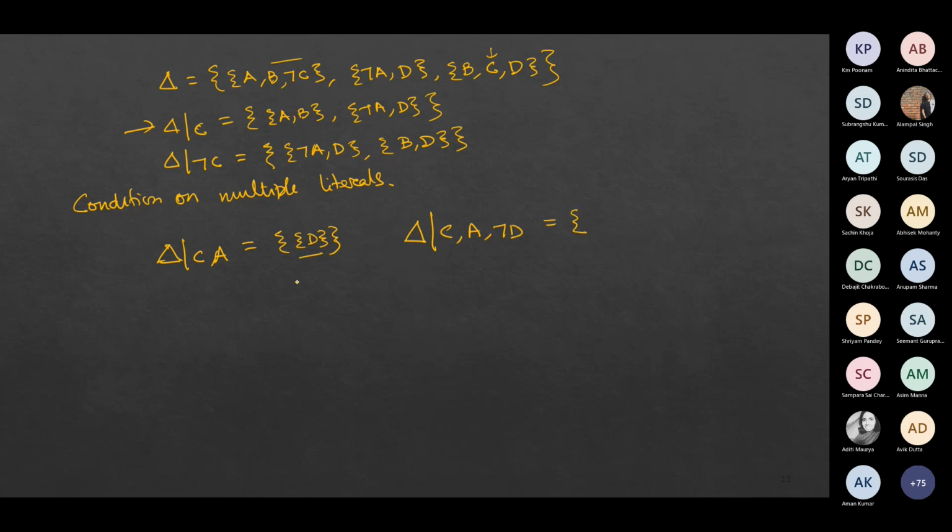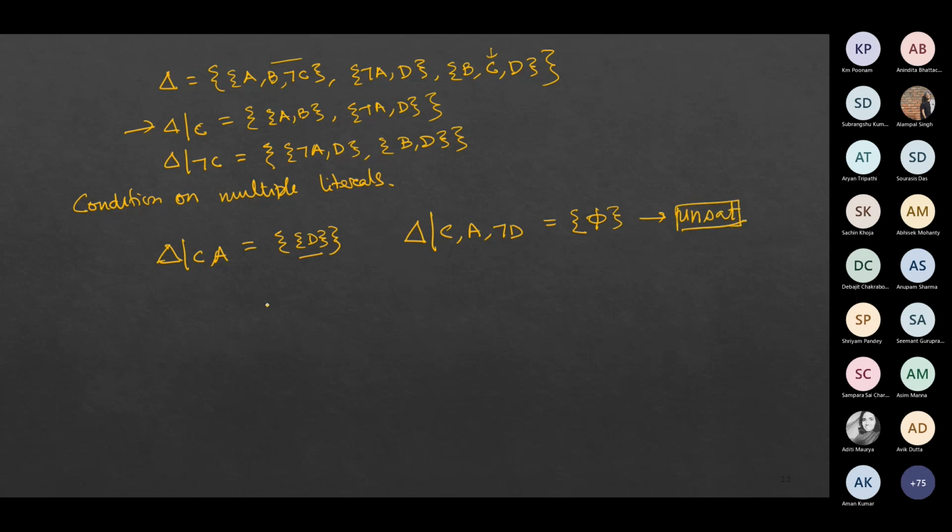This will become empty, so let us write this empty set, denoted by phi. This is one case, and it points to a not-satisfiable case, so the unsat case.